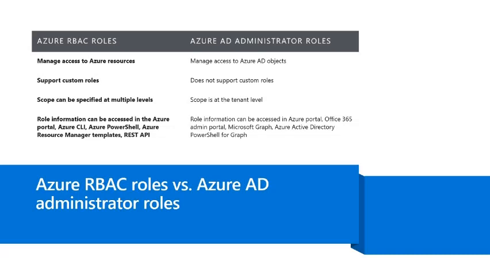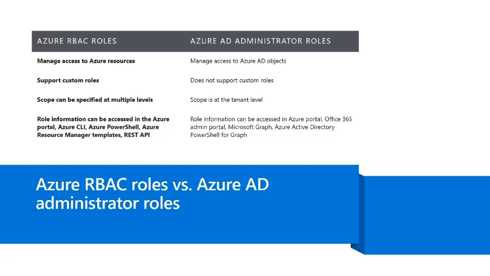Azure RBAC roles support custom roles, and Azure AD does not support custom roles. Scope can be specified at multiple levels in RBAC, but in Azure AD scope is at the tenant level. That's why we needed to add RBAC roles, as we already had Azure AD administrator roles.